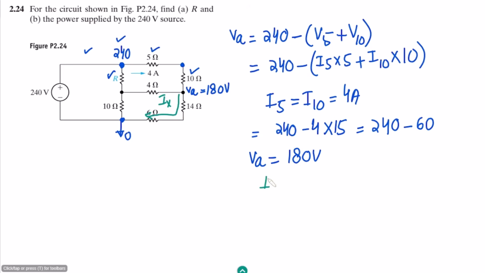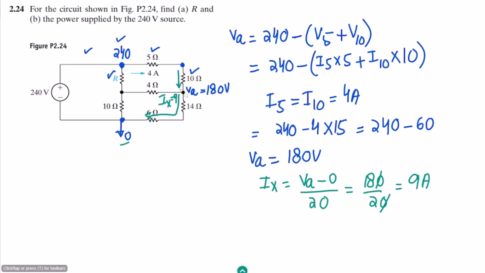So this IX is VA minus 0, divided by the resistances, which are 14 plus 6, so this is 20. It will be 180 divided by 20, these two cancel out, and it will be 9 amps. So this current is 9 amps.